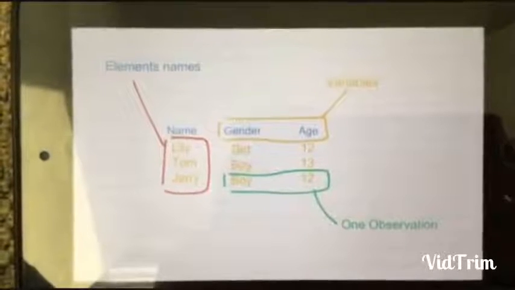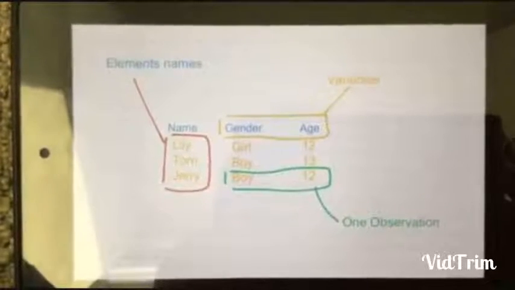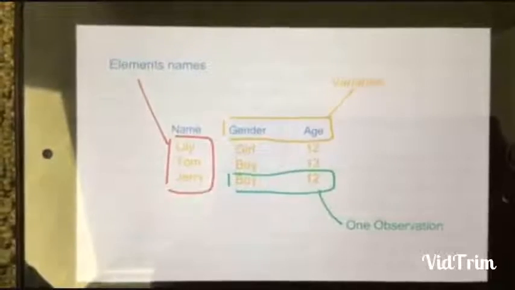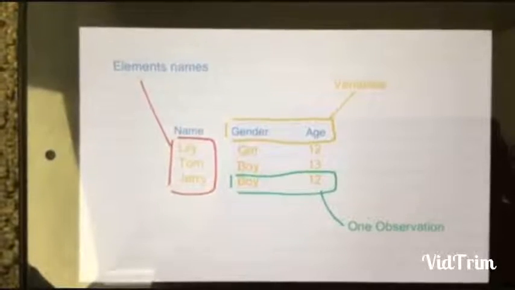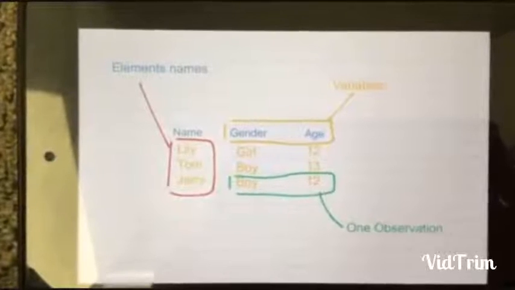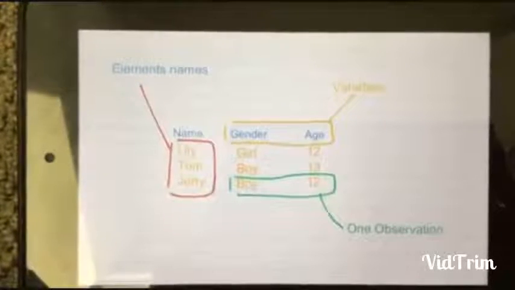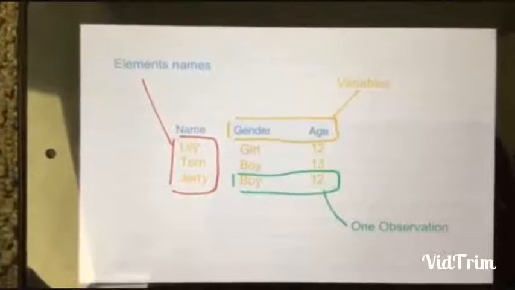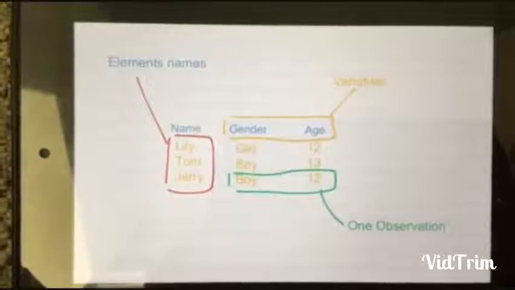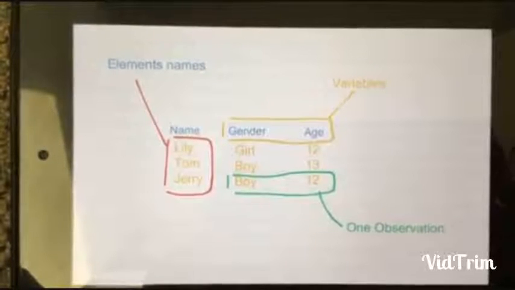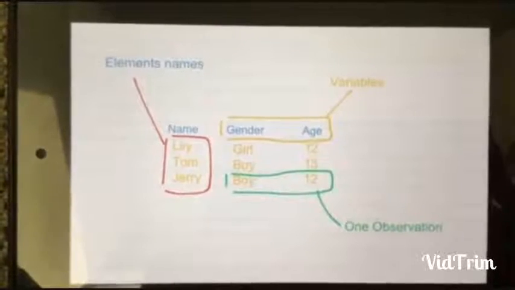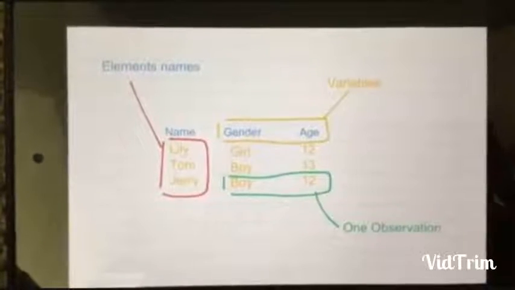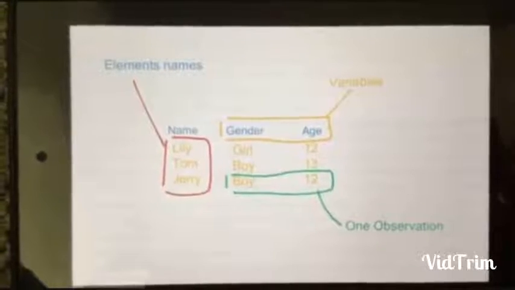Elements are the entities on which data are collected, and a variable is a characteristic of interest of elements. And the set of measurements for a particular element is called an observation. I'd like to show you a table for further explanation, and we have a research about the gender and age of 3 persons: Lily, Tom, Jerry.